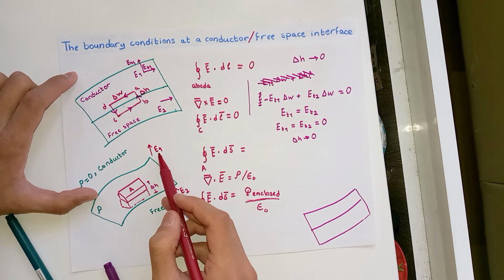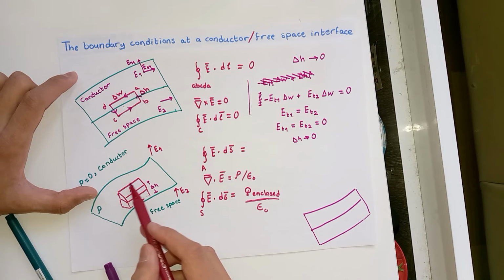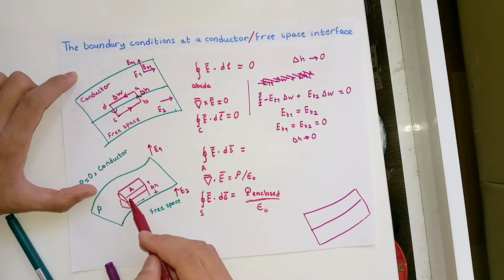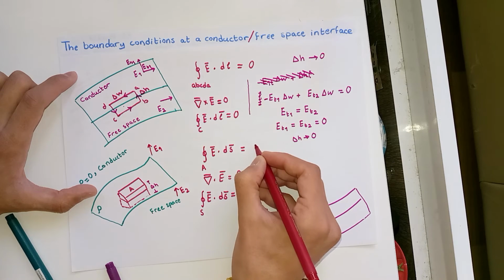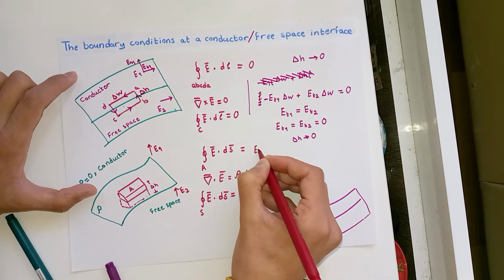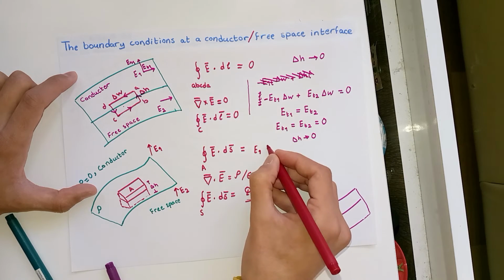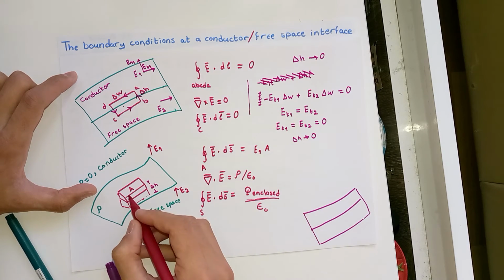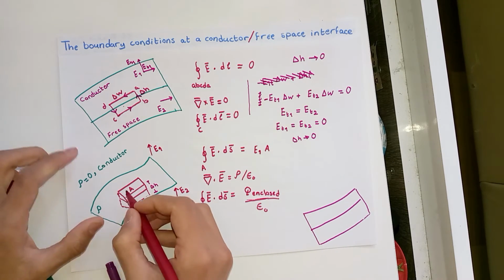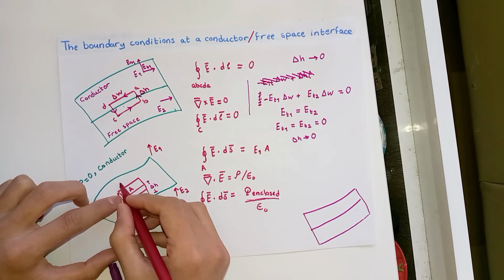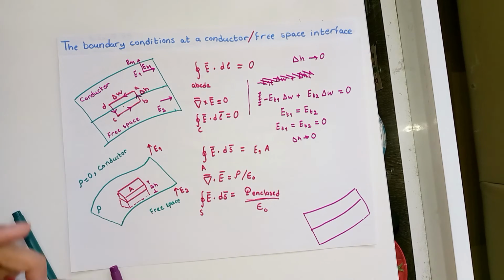Let's take the product between E1 and the top face of this surface. We will end up with E1 times the area of this surface, which is A. And regarding the sign, the area vector for this surface is also upward. It's the same direction as the E1 vector.